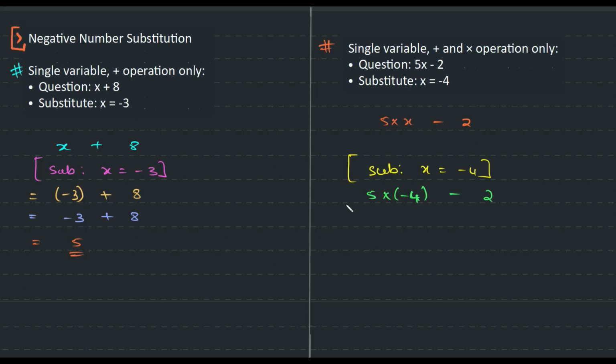So we're looking at 5 times of -4, that is -20, and then -2. Again, I'm using BODMAS here. So there was multiplication and then addition. And so we have -22.